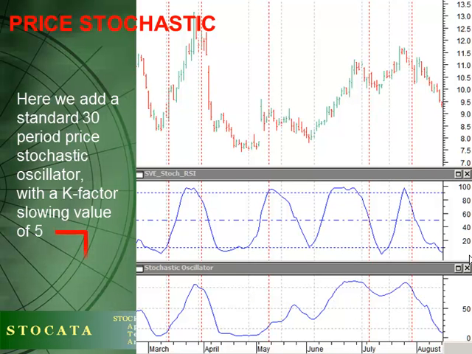Here we are adding a standard 30-period stochastic oscillator with a K-factor slowing value of 5. Using reference levels at 15 and 85, you can see that turning points, the vertical red dashed lines, are logically a bit slower than the SRSI, the vertical gray dashed lines.